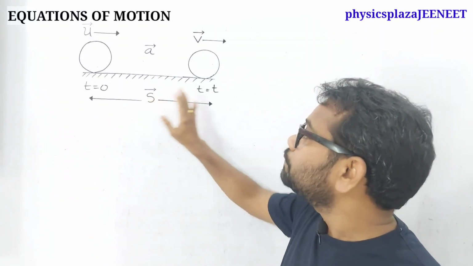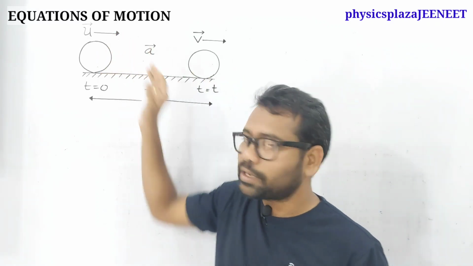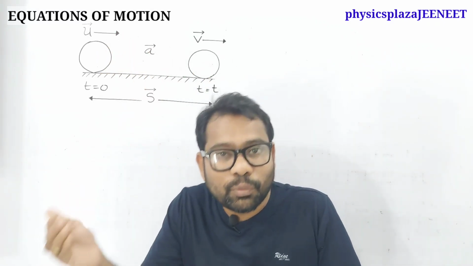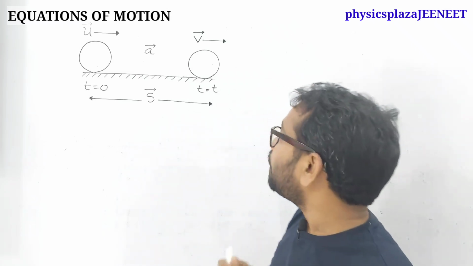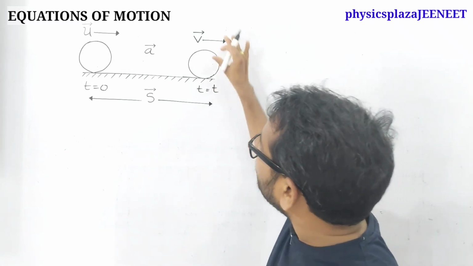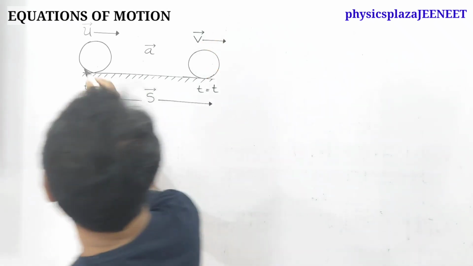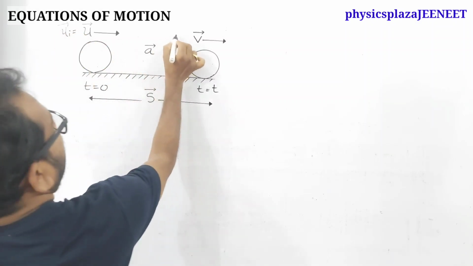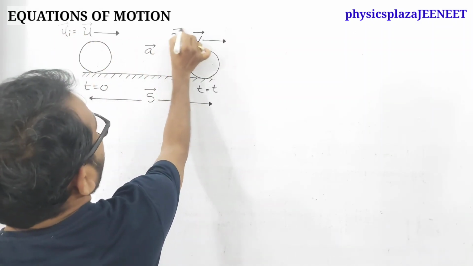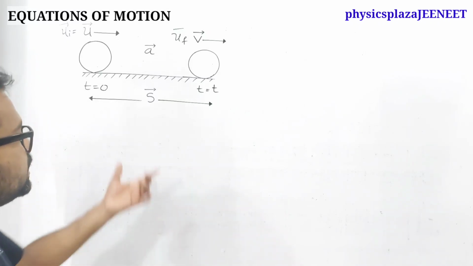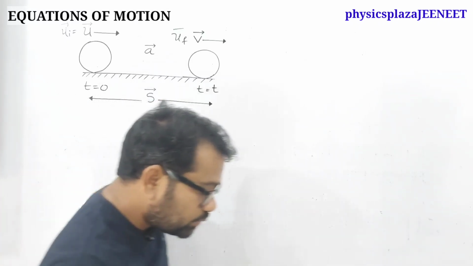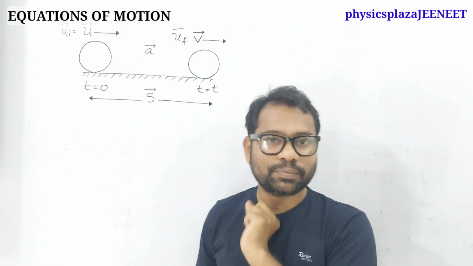Then after time t, do you expect that it has the same velocity? No, because there is an acceleration. Velocity is changing in a uniform manner. So after time t, its final velocity will be v. Children, this is the initial velocity and here is the final velocity. In this time interval, the body has covered some displacement s.